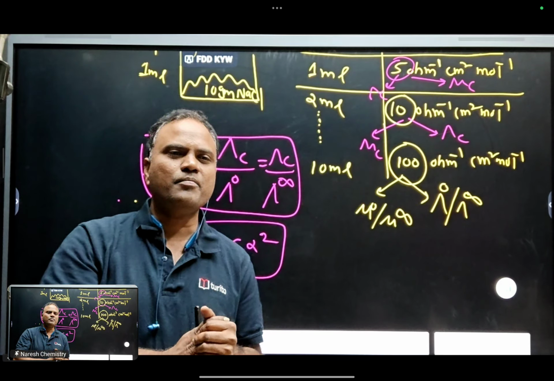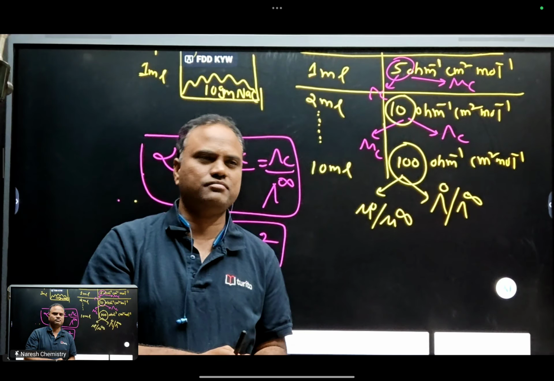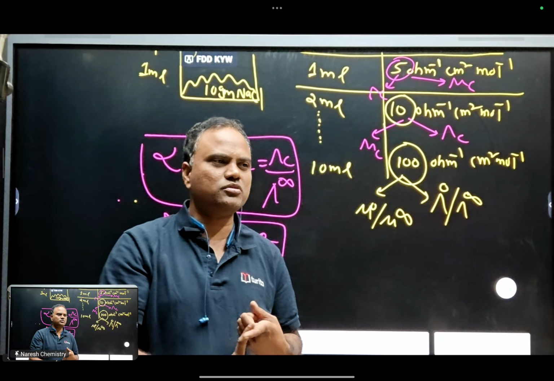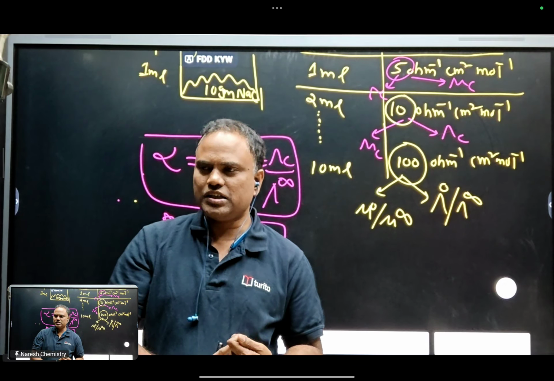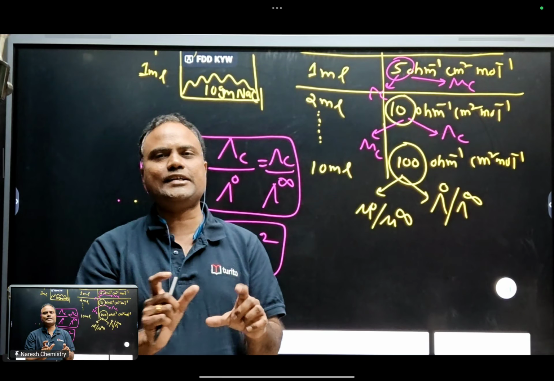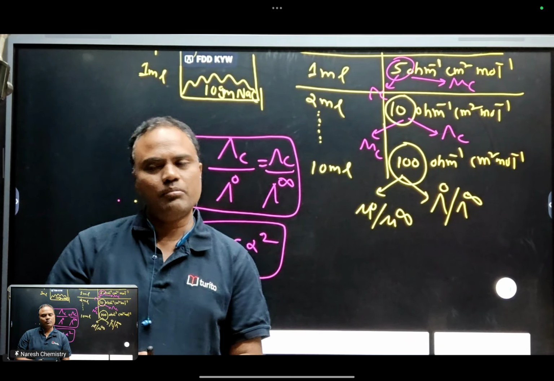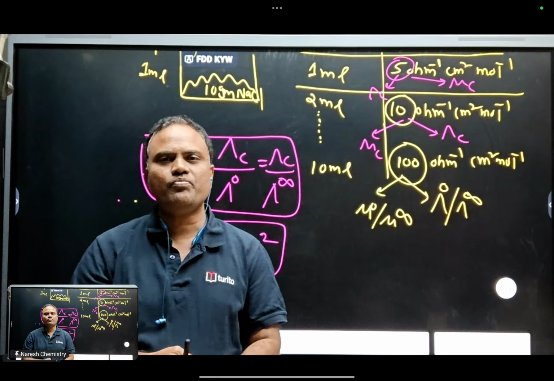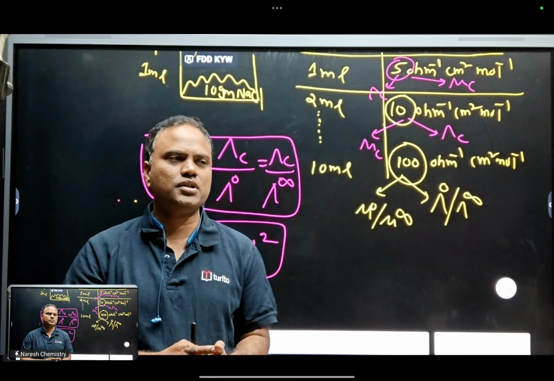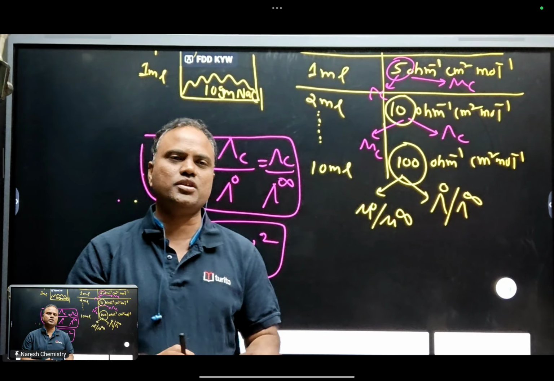Then how can we find conductance of weak electrolytes at infinite dilution? It is not possible to calculate it directly. The condition to find conductance at infinite dilution is that the salt should undergo complete dissociation. But weak electrolytes do not. Then how to find conductance of weak electrolytes at infinite dilution?